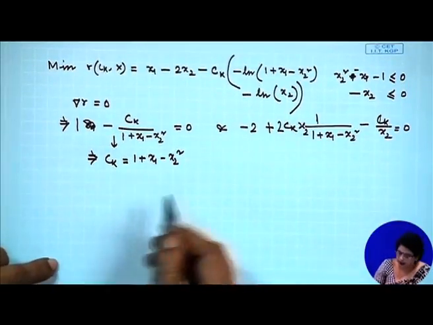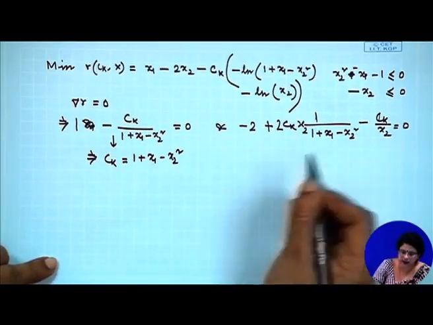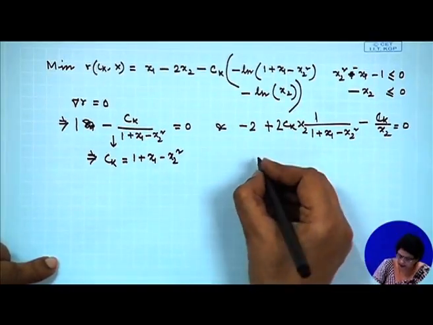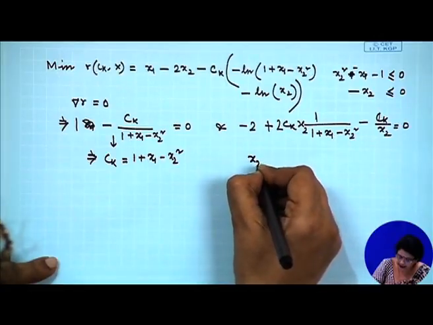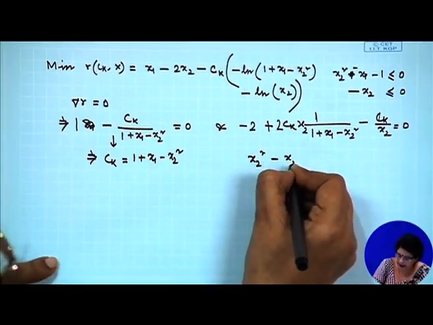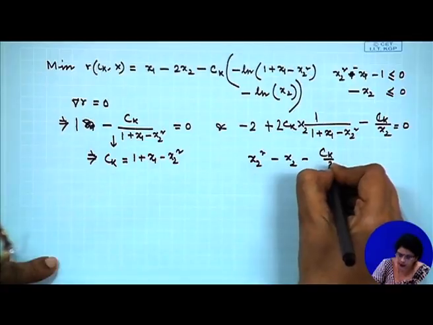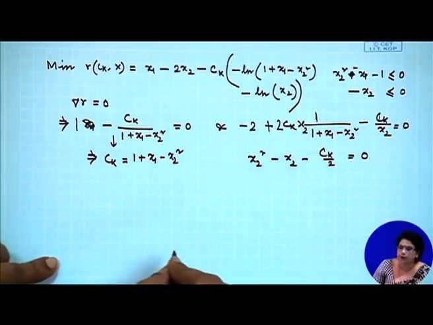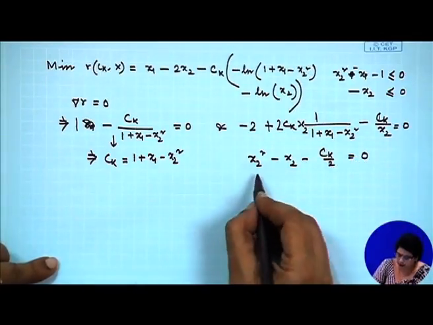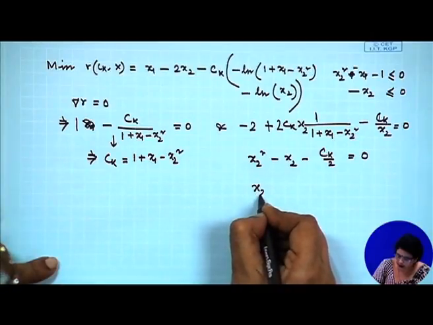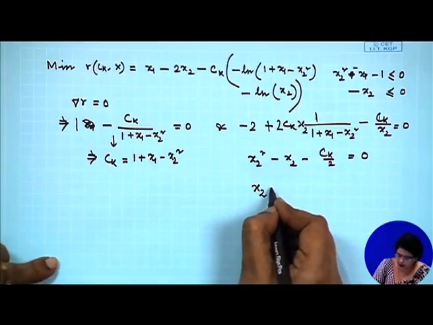If we substitute this value here, we are getting one equation, that is x2 square minus x2 minus ck by 2 is equal to 0.